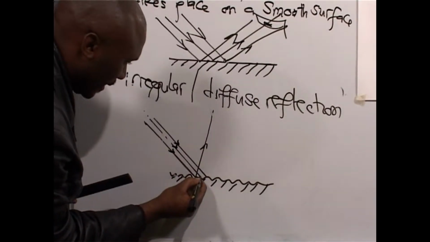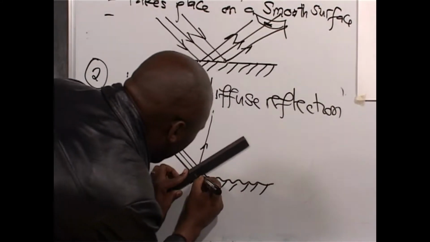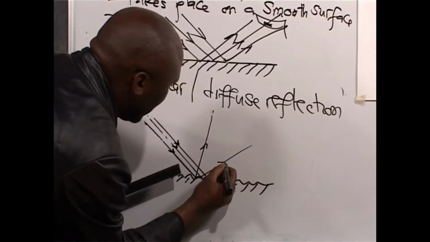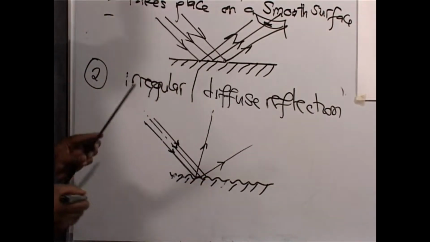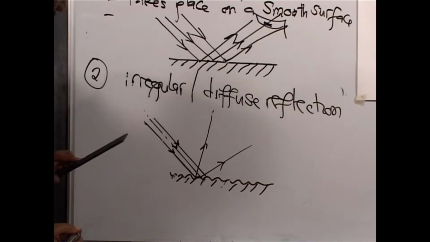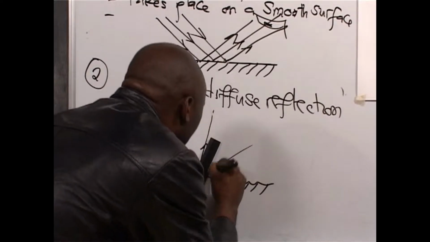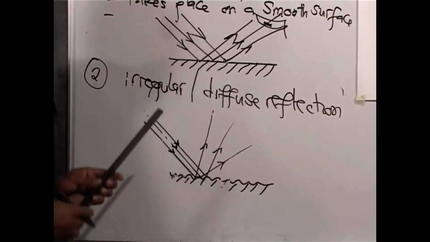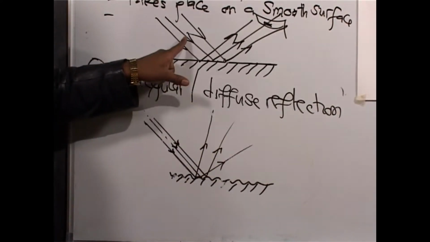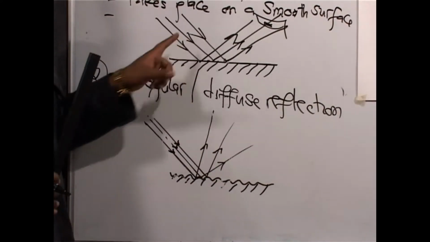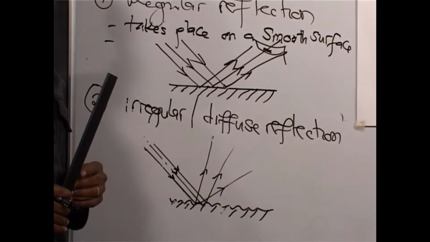The other ray here, if we make a tangent here, this ray would bounce in the other direction like that. This one, if the tangent is here where the 90 degrees angle is supposed to be to make the normal, then we would say this one would go in that direction. So we can see that these parallel rays tend to scatter, unlike in the regular reflection, where the parallel rays actually are reflected parallel again.